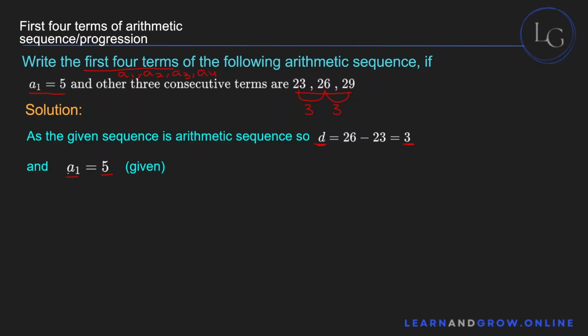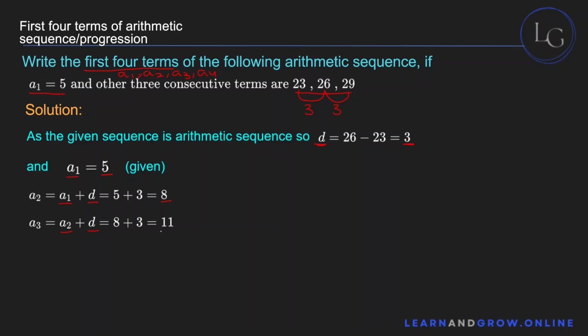Now, a2 comes after a1, so it is the consecutive term after a1. So a2 is equal to obviously a1 plus d. So 5 plus 3 is equal to 8. That's a2. a3 is the consecutive term after a2. So a3 is equal to a2 plus d.